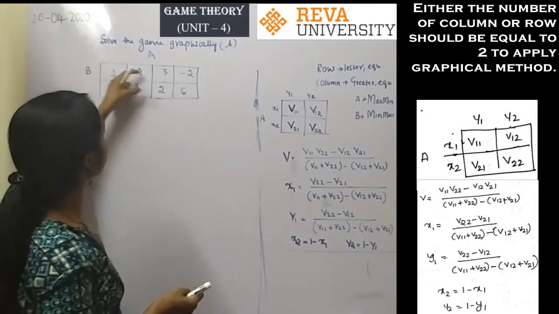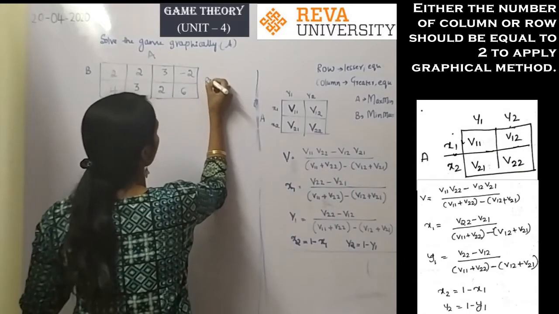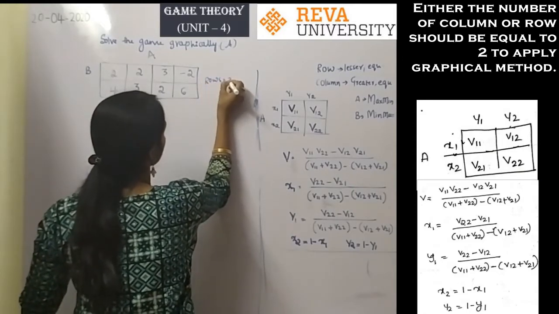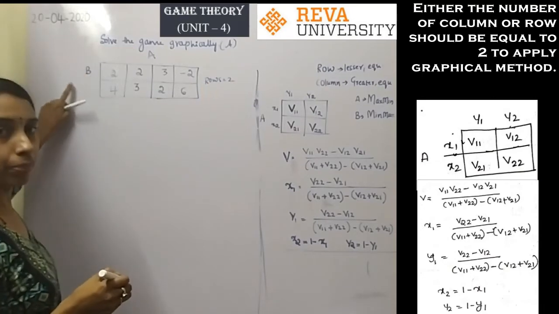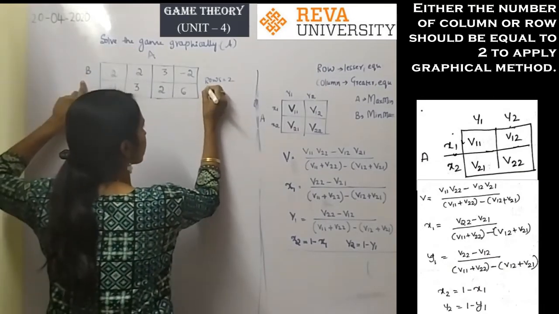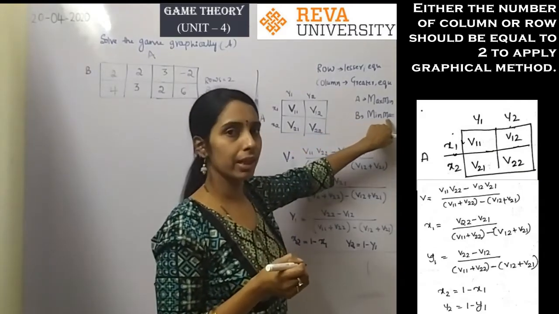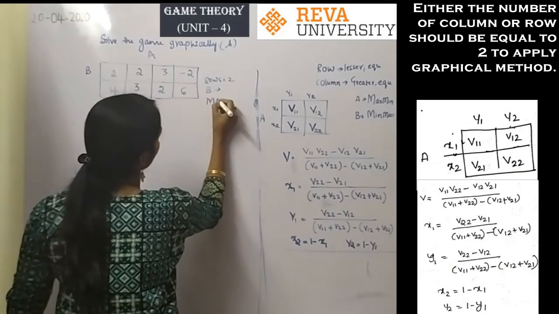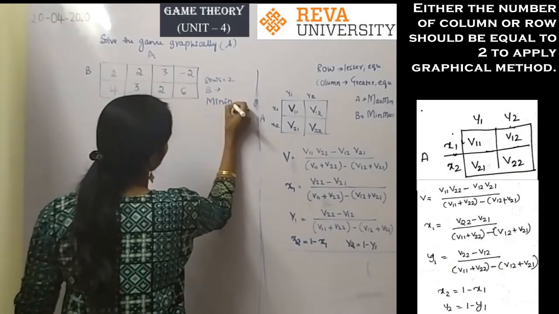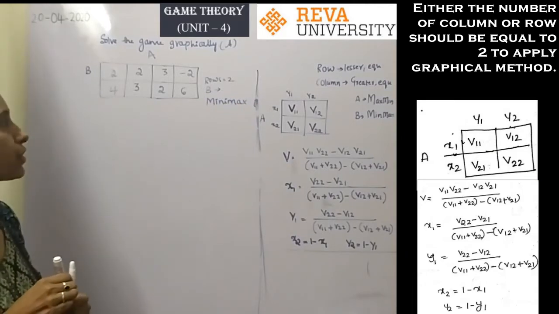In this case, the number of rows is equal to 2. So, we will be considering B as a reference line. But what is player B's strategy? Player B will use the minimax function.